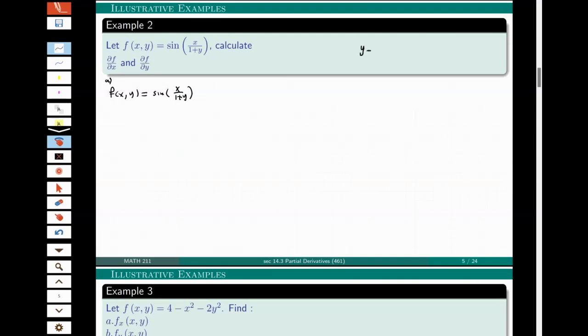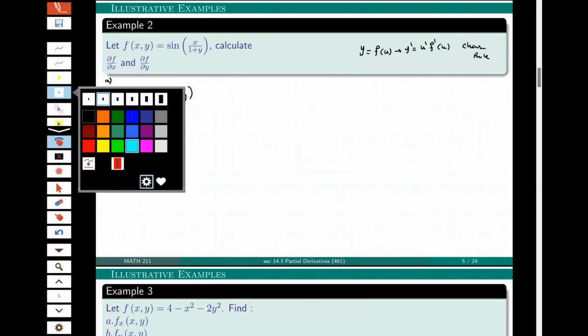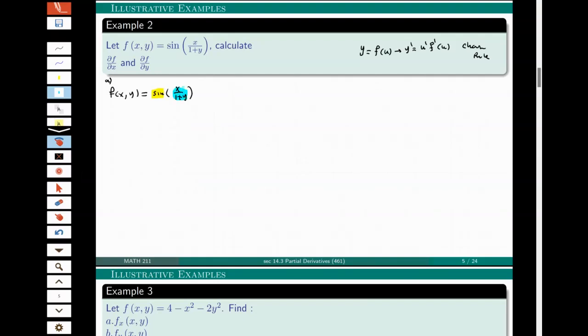Remember in calculus 1, we said if we have f of u, the derivative will be the derivative of the outside times the derivative of the inside, which I mean the chain rule. So here I have two things. I have the function sine, and inside the sine I have the angle, which is that one.